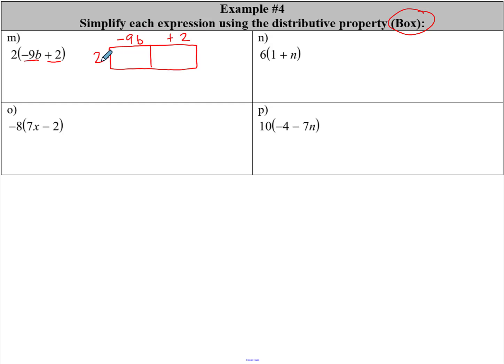And now we are going to multiply our outside term to each of our inside terms. So we have a 2 times a negative 9b, which is a negative 18b. And we have a 2 times a positive 2, which is a positive 4. Okay. So you might want to keep those signs.